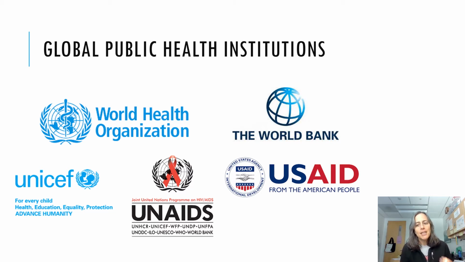So you'll notice this tagline here, from the American people. So if you have studied at all global politics, influence is really important, and there are lots of different ways that you can get influence. One is through military might. Another is through economic might. Yes, we have those things as a country, but another is through humanitarian efforts, the good that you do for other people, for other nations, and the relationships that you build with them.